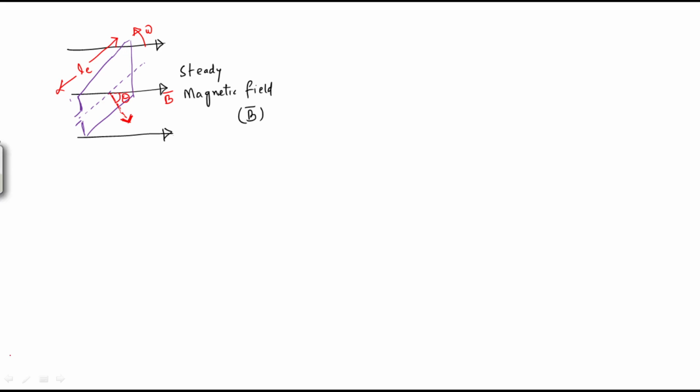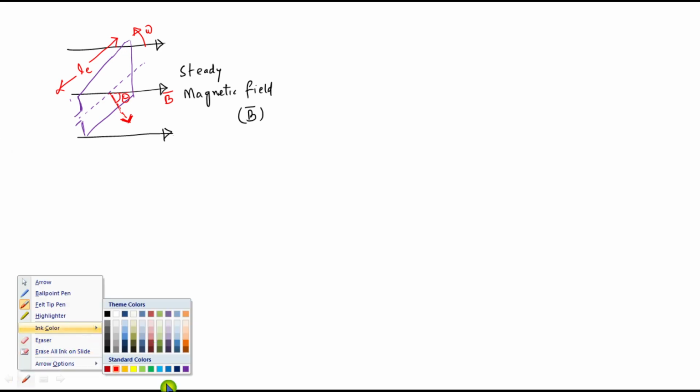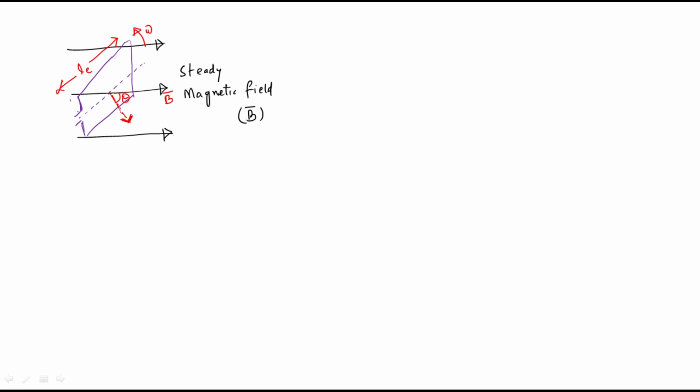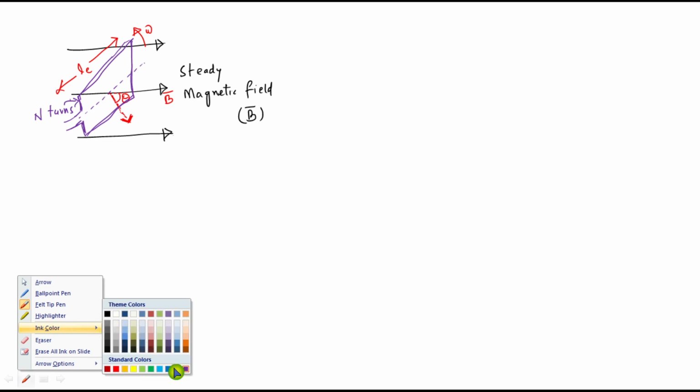Let us say this is a coil of n turns. This is the placement of the conductor. Now we all know what the flux is.